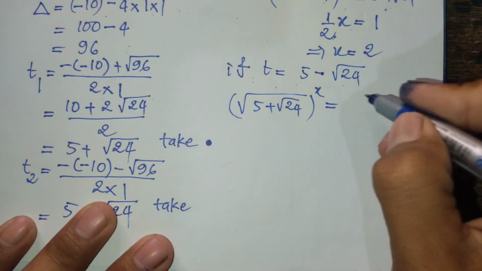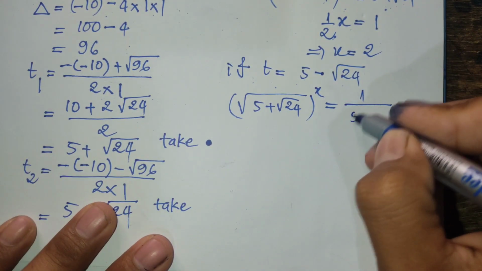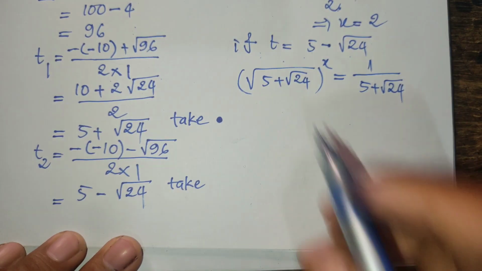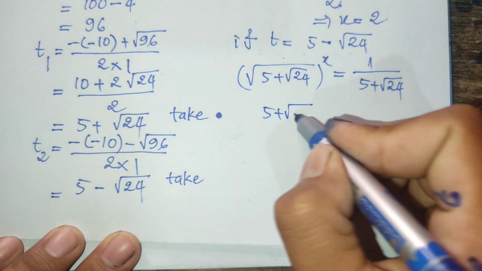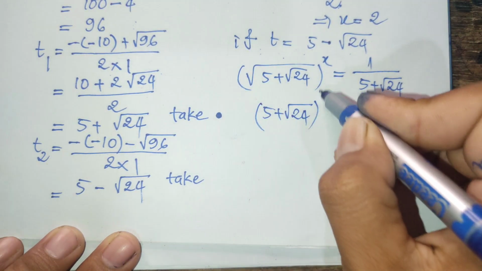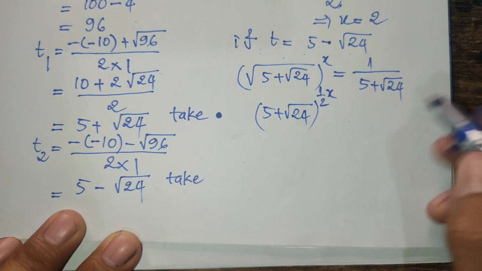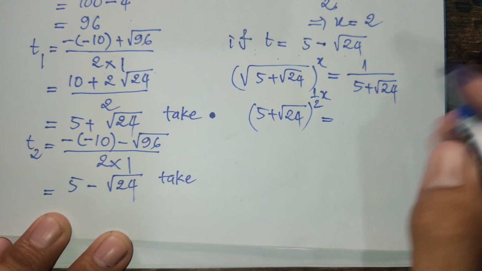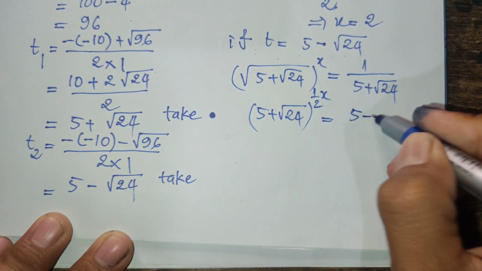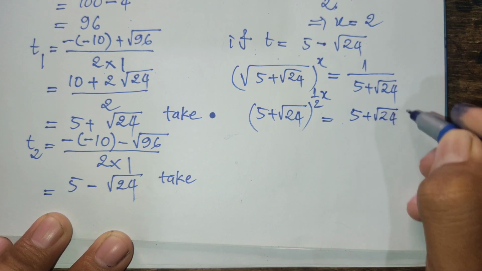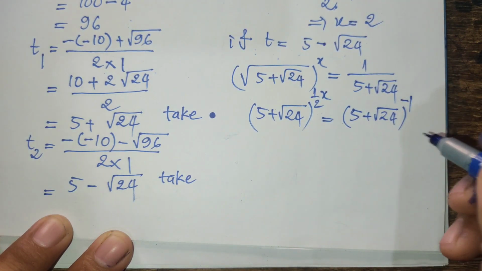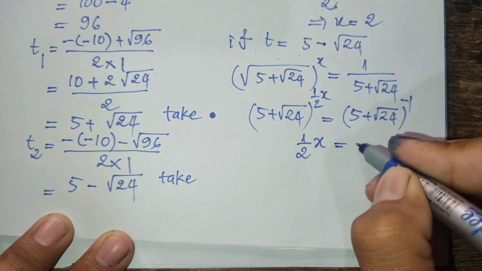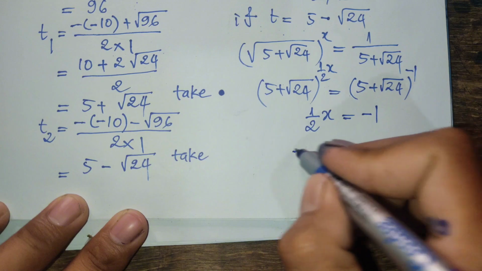So I replace it with 1 divided by 5 plus square root of 24. And this is equal to (5 plus square root of 24) to the power minus 1, since we change the denominator to the power minus 1. And so we get 1 divided by 2 multiplied by h is equal to minus 1, and then we get h is equal to minus 2.